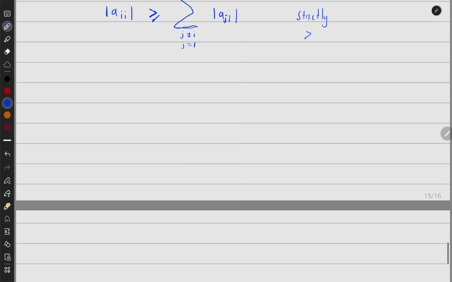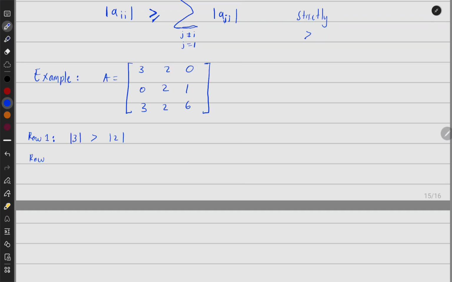So we can have an example. For example, if I have my matrix A, with respect to row 1, the diagonal entry 1 is greater than the magnitude of 2 plus 0. With respect to row 2, the diagonal entry 2 is greater than the 1 plus the 0.